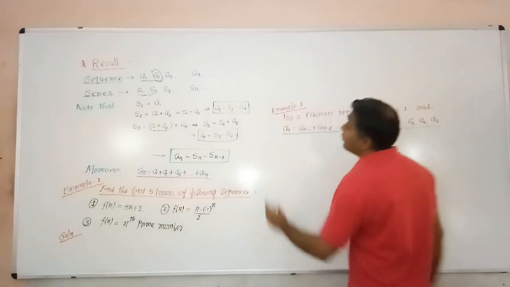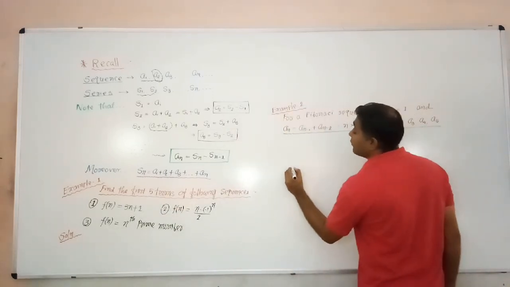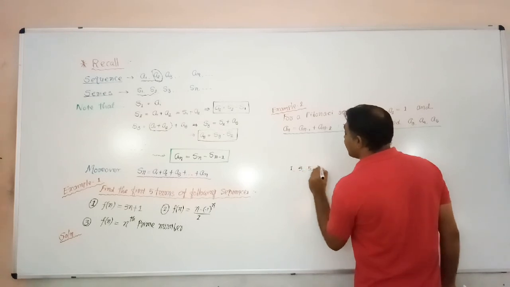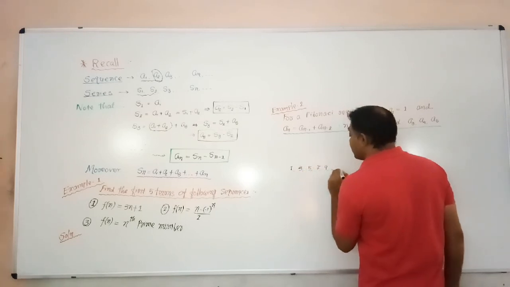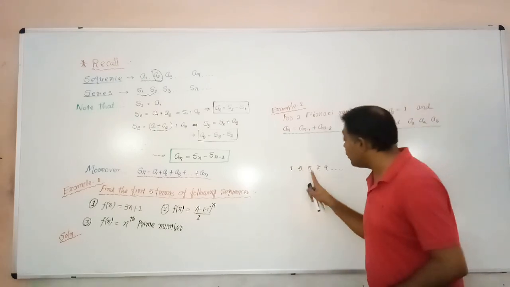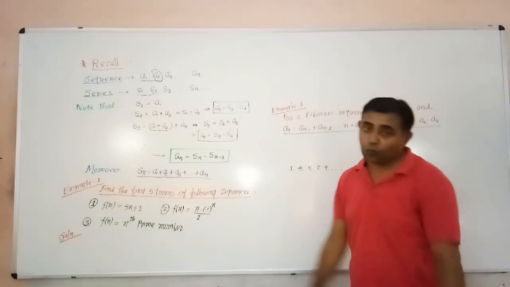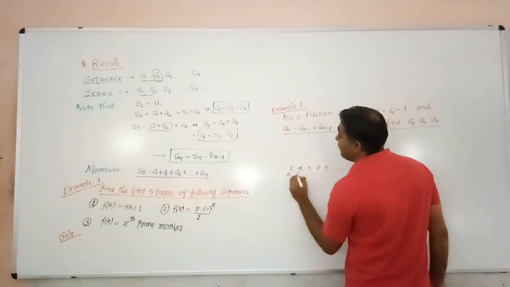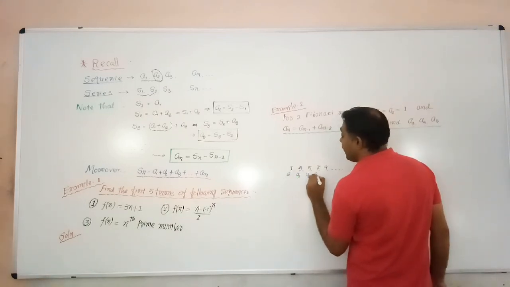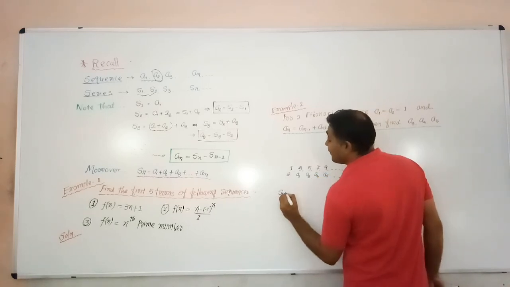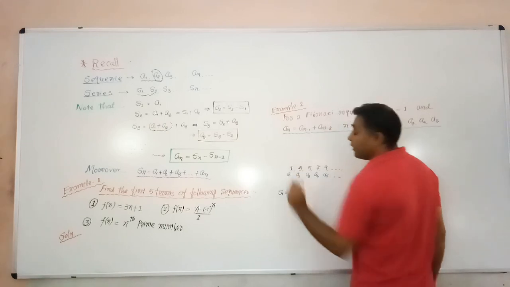Okay, I will write one result related to this. Suppose one sequence is 1, 3, 5, 7, 9 and so on. These terms are A1, A2, A3, A4, A5 and so on. Now what about S1? S1 is the same as A1, which means 1.